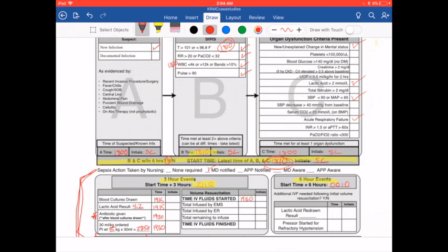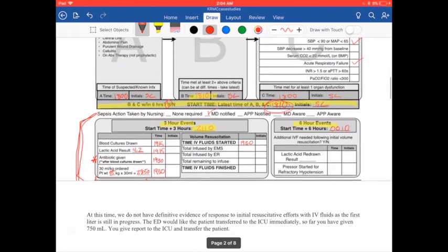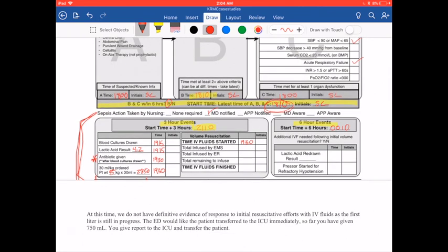So next, we'll look at the rest of this case study here. So we're given the IV fluids, and we don't have definitive evidence of response to the initial efforts with the IV fluids because the ER would like to kick this patient out and get him transferred to the floor immediately. So far you as the ER nurse have given 750 mils. You give report to the ICU and you transfer the patient.